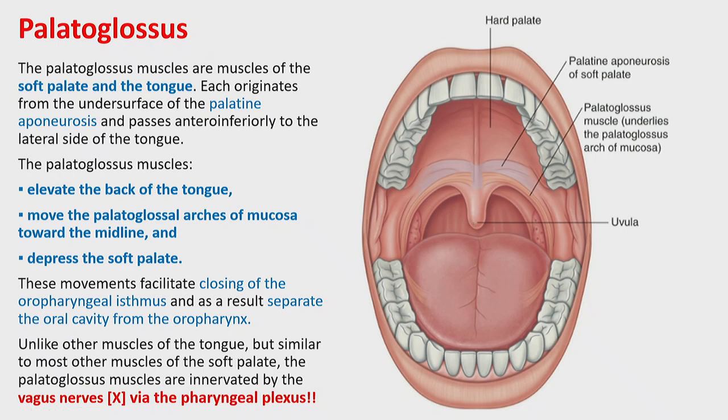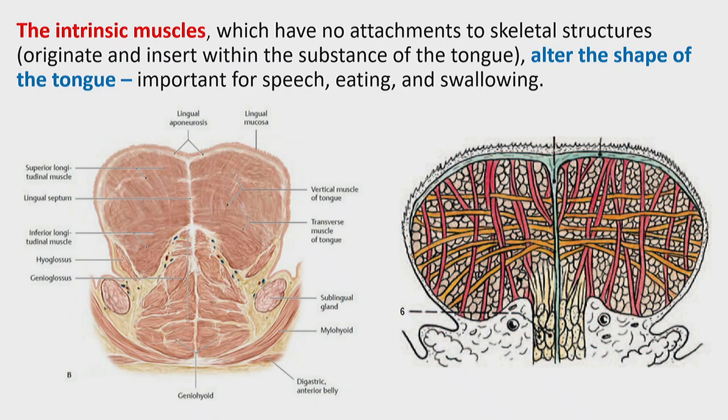It also plays a role in the depression of the soft palate. As I mentioned, it is the only extrinsic muscle of the tongue that is not innervated by the hypoglossal nerve, but by a branch of the vagus nerve, which takes part in the formation of the pharyngeal plexus, mainly the glossopharyngeal and vagus nerves.